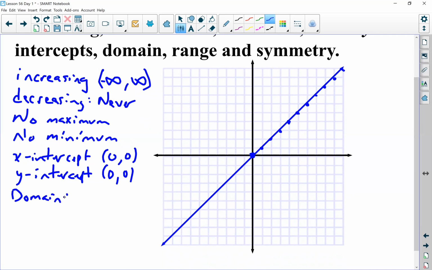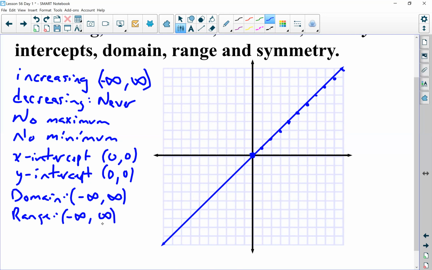Well, I can plug any value in for x. So the domain goes from negative infinity to positive infinity. The range. Again, I can get any value. So negative infinity to positive infinity.